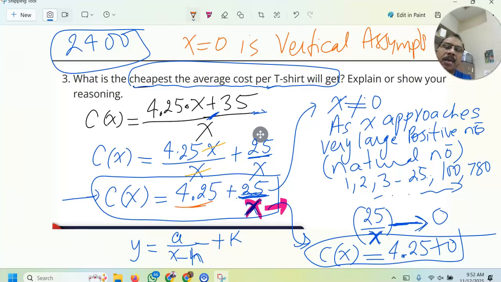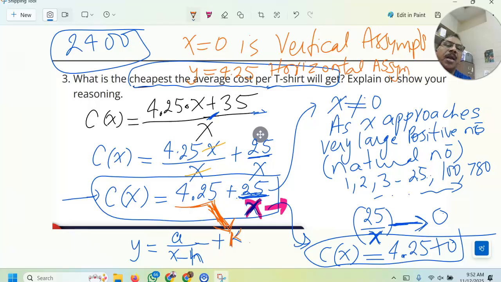And this number k, if you compare to the standard form of a rational function, k is $4.25. That means y equals 4.25 is the horizontal asymptote.